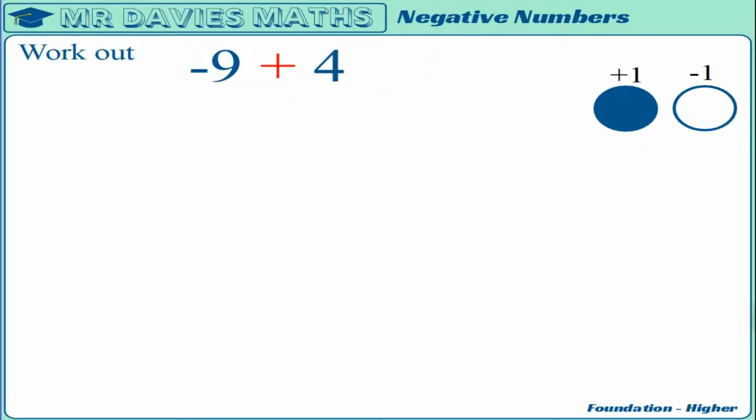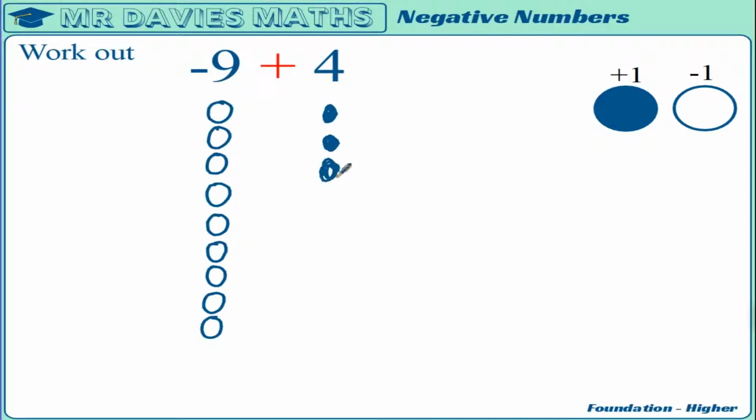So -9, so 9 negatives, and I've got 4 positives, so cancel, cancel, cancel, cancel. Remember, a negative and a positive can only cancel each other out, therefore I'm left with 5 negative values.